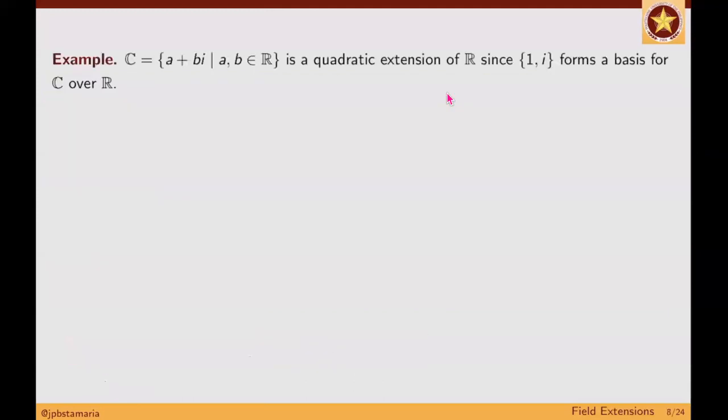Just one example, halimbawa, yung field of complex numbers. You know, the field of complex numbers is actually a quadratic extension of R. Alam niyo bakit? Can you give me a basis for C over R? Kasi sabi niyo lahat ng complex number pwedeng isulat as A times 1 plus B times i.